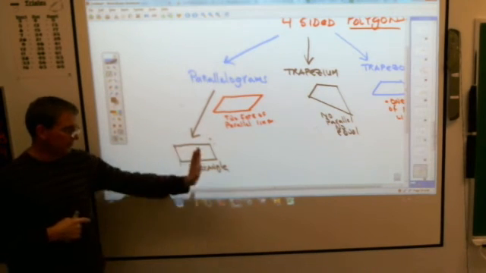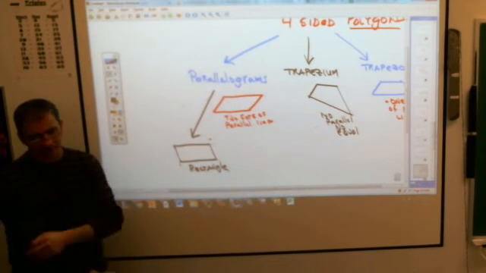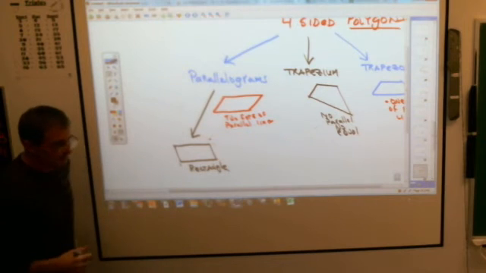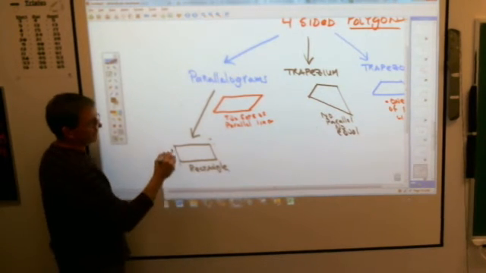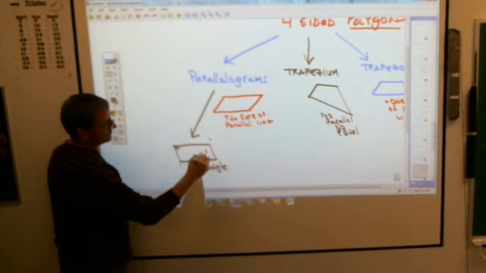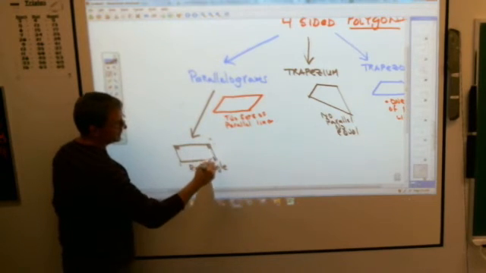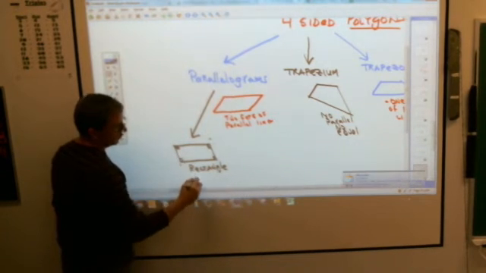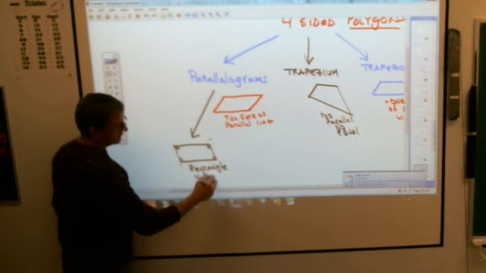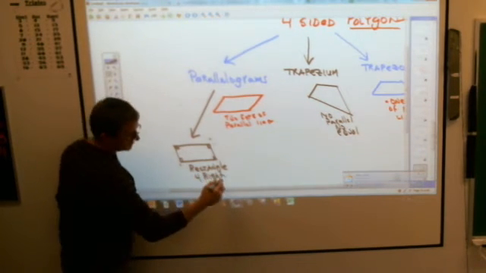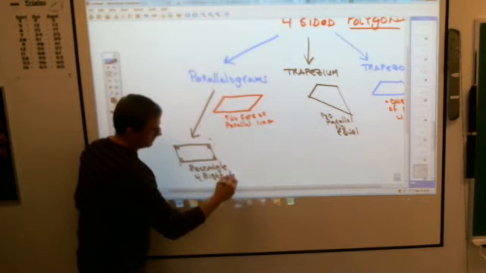These two sides are longer than those two sides, but that isn't really what makes it a rectangle. Caitlin? That is exactly it. The only thing that something has to have to be a rectangle is it has to have 4 right angles, 4 square corners, and that is it.